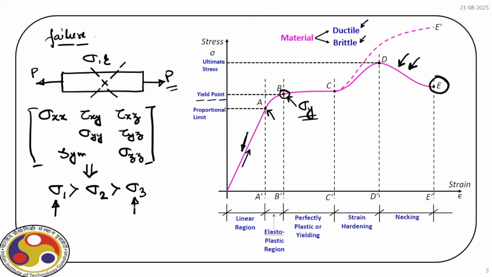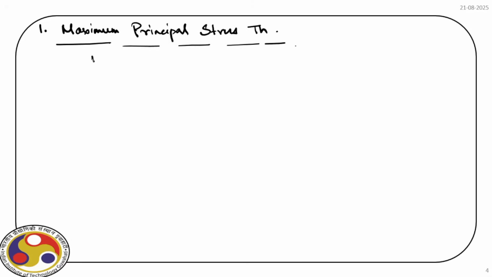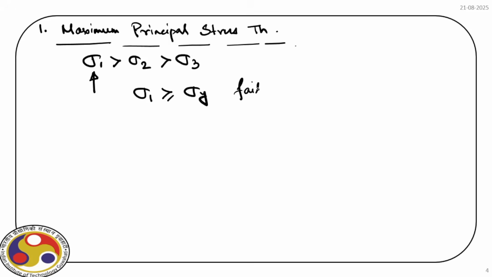So the first theory that we have is maximum principal stress theory. So we have sigma 1 greater than sigma 2 greater than sigma 3, and out of these three, sigma 1 is maximum. So sigma 1, if it is greater than or equal to sigma y, obviously we call it a failure.